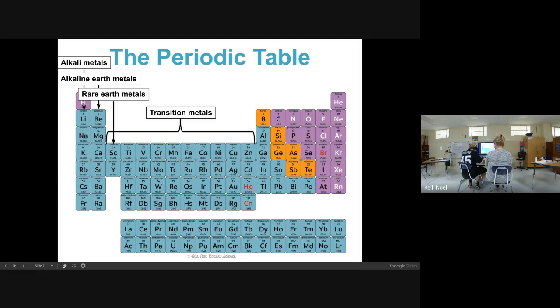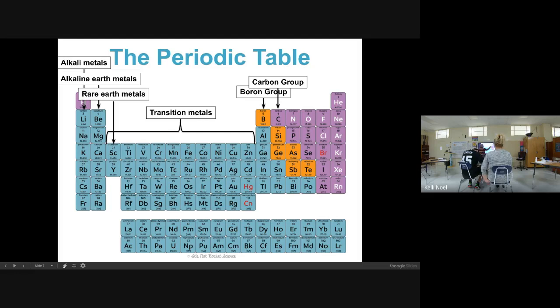And then the next few, we usually use just the first one, the next 4. So this one is going to be the boron group, so that's 3A. This one is the carbon group.